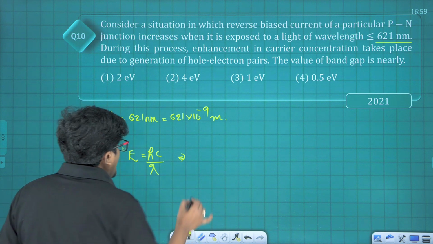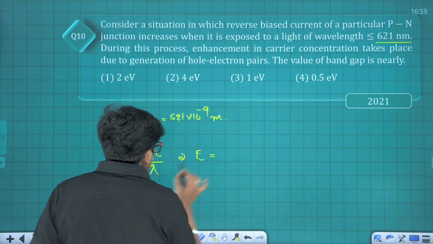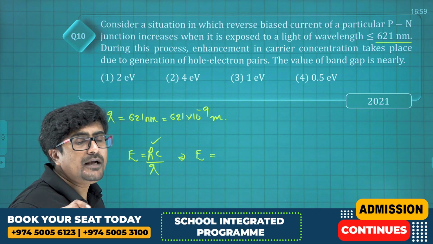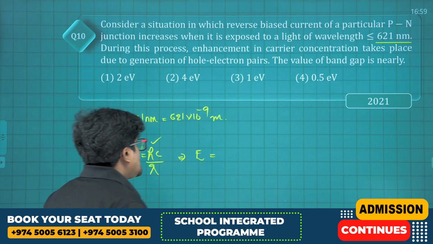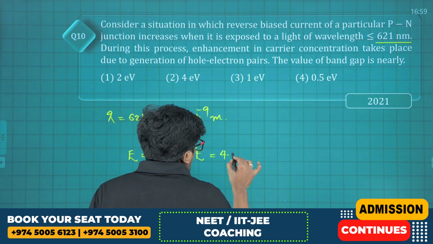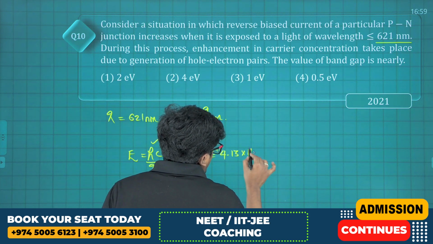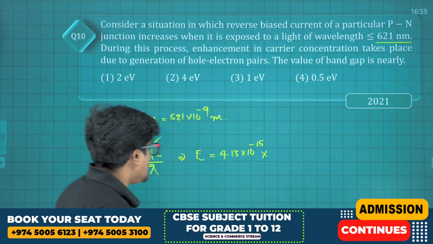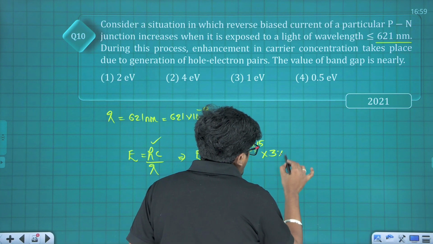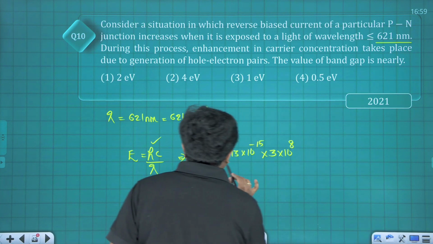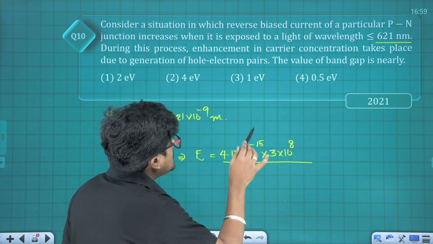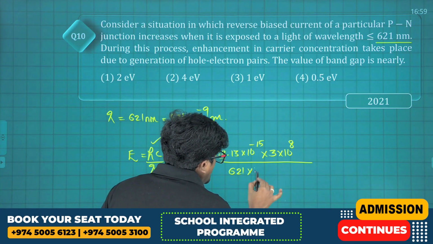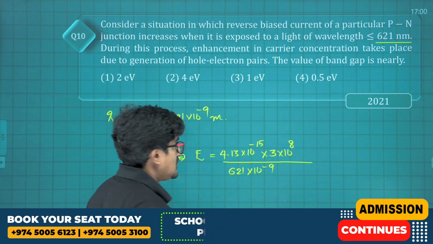Then capital E, if I want to write the value of h in terms of electron volt second, it's supposed to be 4.13 into 10 to the power minus 15 electron volt second into c, that is 3 into 10 to the power 8, all divided by 621 nanometers, 621 into 10 to the power minus 9.